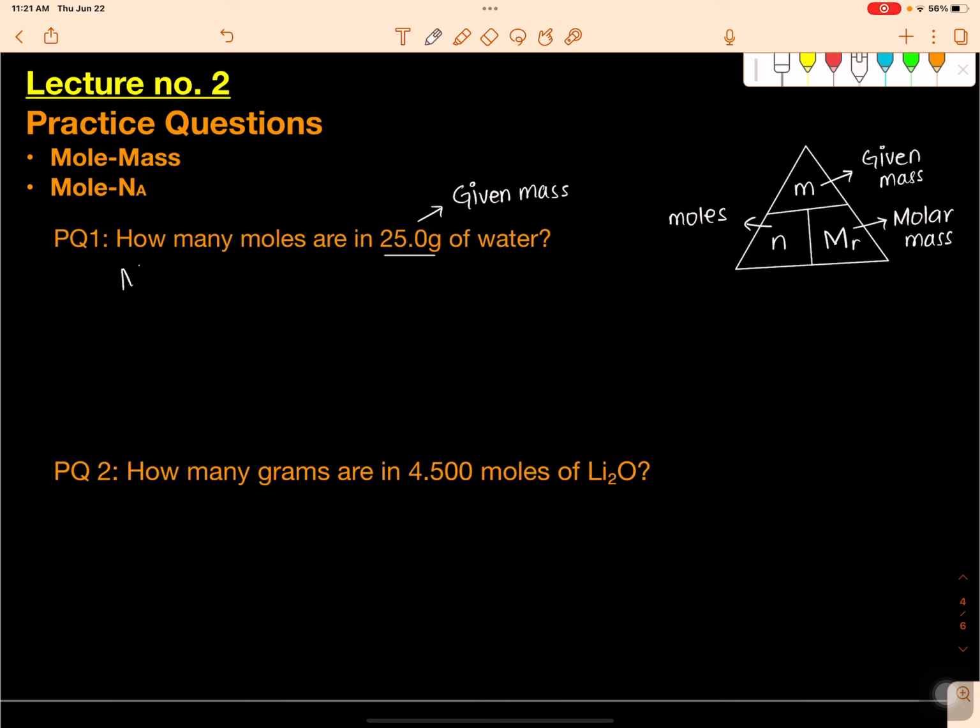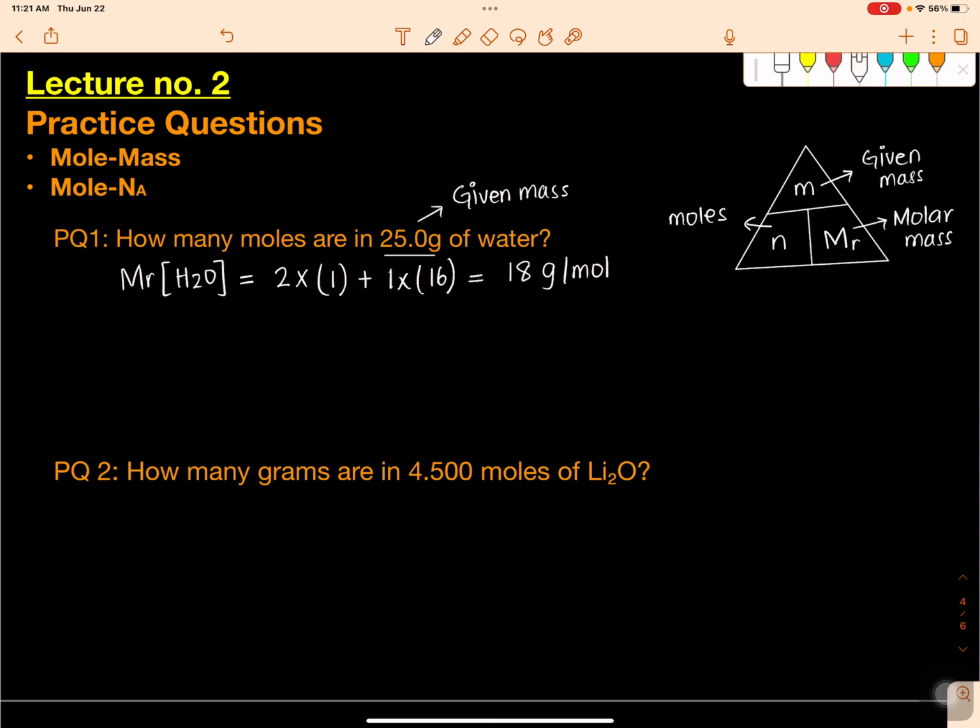So Mr, which is the molar mass of water, is equal to 2 times the atomic mass of hydrogen in the periodic table plus 1 times the atomic mass of oxygen, which is 16 in the periodic table. So we get 18 grams per mole. This gram per mole is the unit of molar mass.